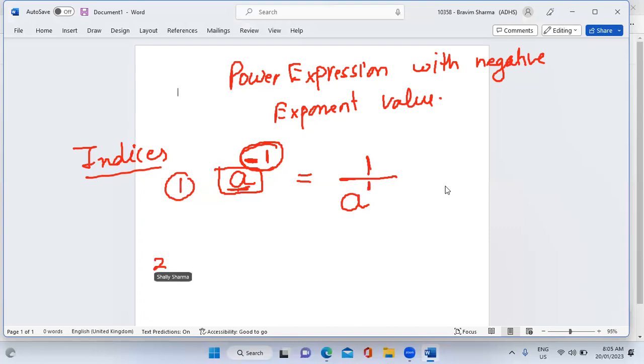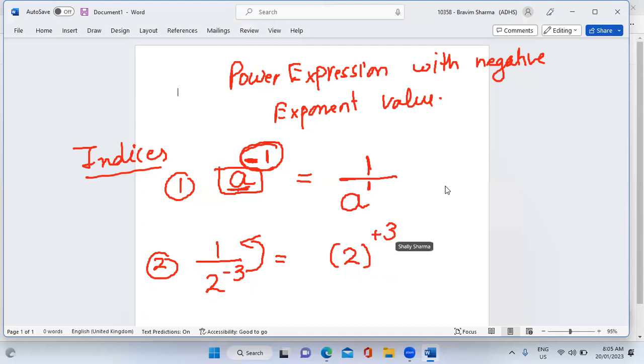Same way, if you have a number or a power expression in the denominator with a negative exponent value, you can bring it to the numerator and keep this exponent value as positive. So it will become now 2 raised to the power of +3.